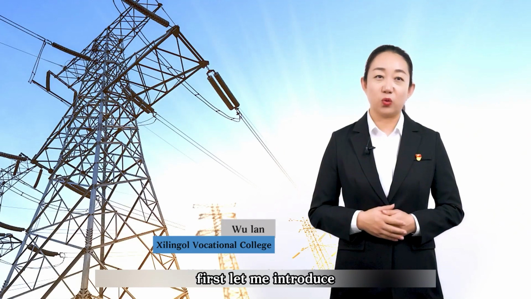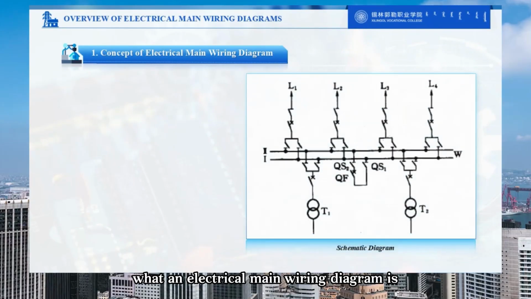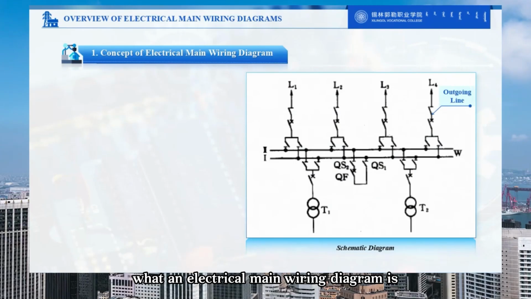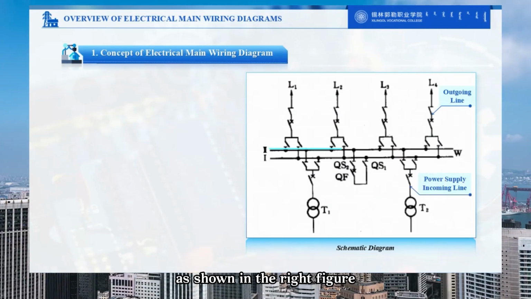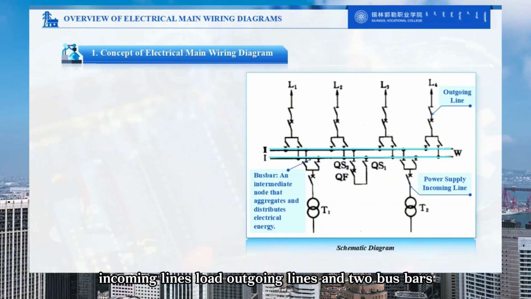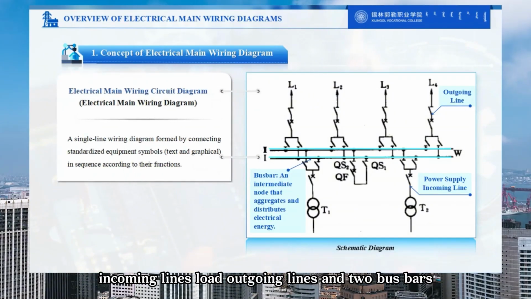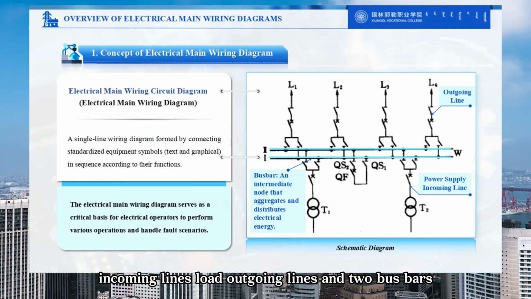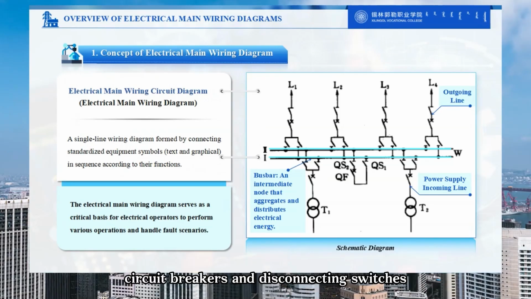Let me introduce what an electrical main wiring diagram is. As shown in the right figure, we can clearly see the power supply, incoming lines, load outgoing lines, and two bus bars, as well as some important electrical equipment such as transformers, circuit breakers, and disconnecting switches.